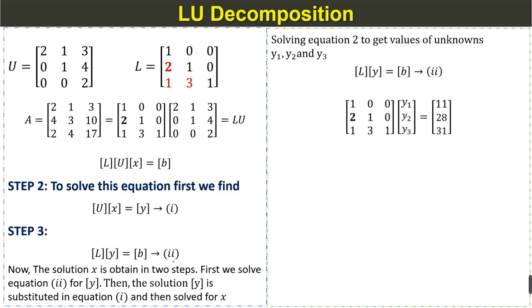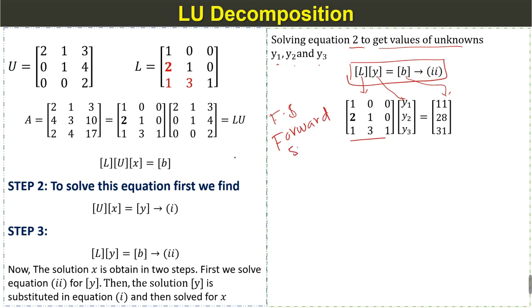So solving equation 2 to get the values of the unknowns y1, y2 and y3. We have the lower triangular matrix, this is the arbitrary matrix, and this is the matrix B. Here we use the forward substitution method.